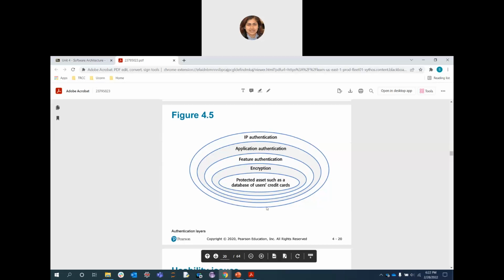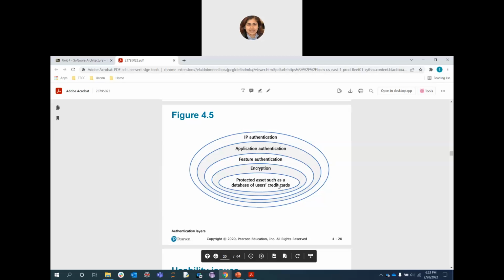There are different authentication layers: IP authentication, application, feature, encryption. You can achieve security by designing the system protection as a series of layers, as shown in this figure. An attacker has to penetrate all those layers before the system is compromised.